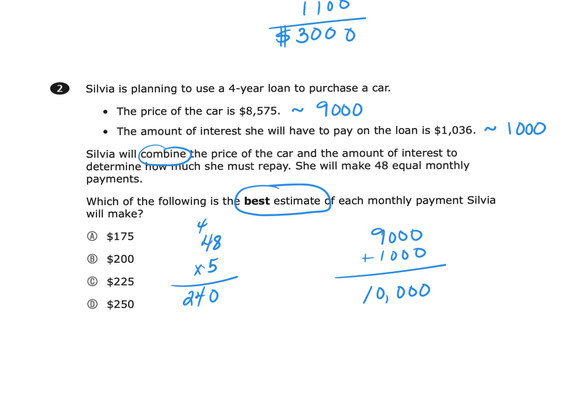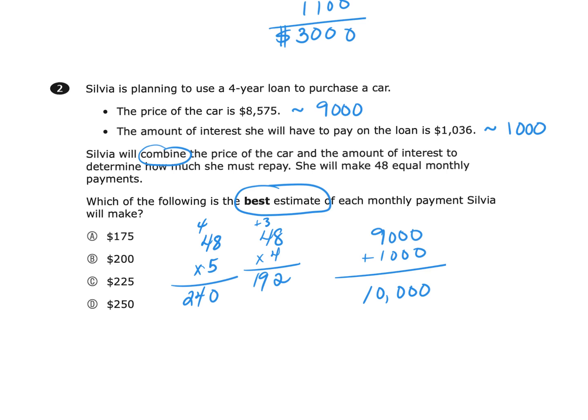So let's do 48 times 4. 4 times 8 is 32, plus 3, that's 192.